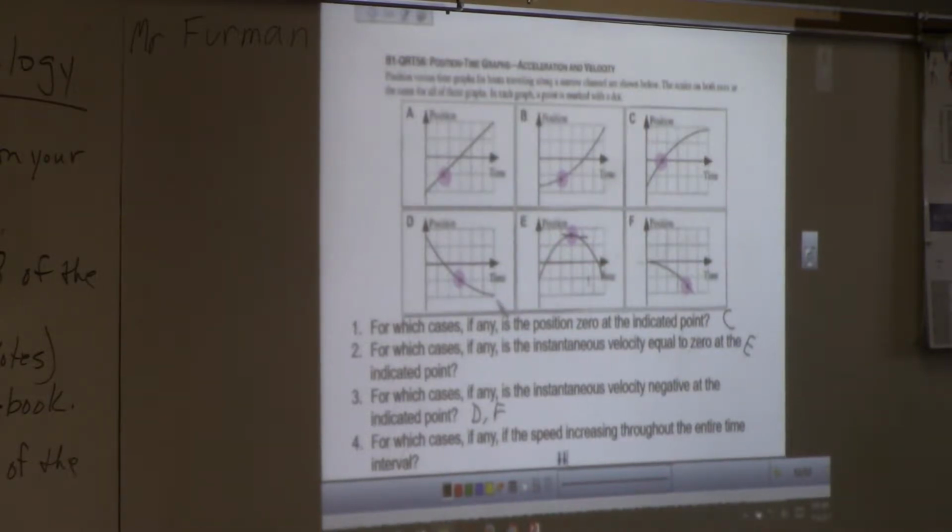So if the slope is approaching 0, what is it doing? Slowing down. So B, I have a positive slope, and it's getting more and more positive. So I have positive velocity, positive acceleration.